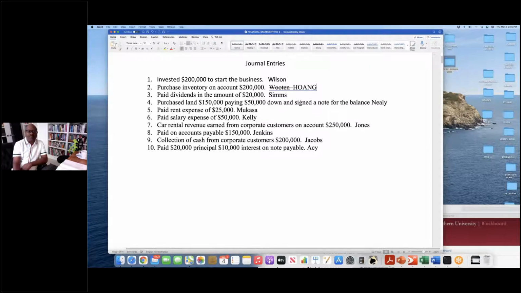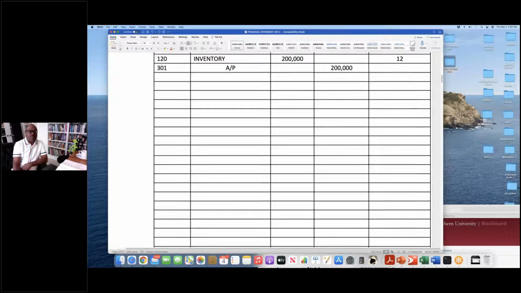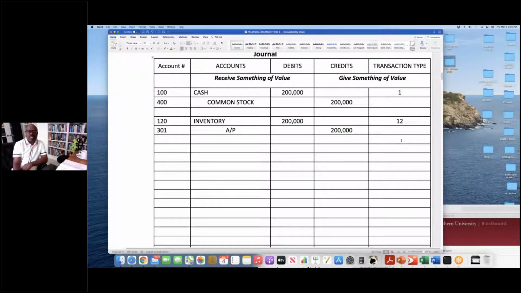Transaction type is 12. Debit dividends, credit cash. The amount is 20,000. What does type 12 say? I mean 10, my bad. Okay.